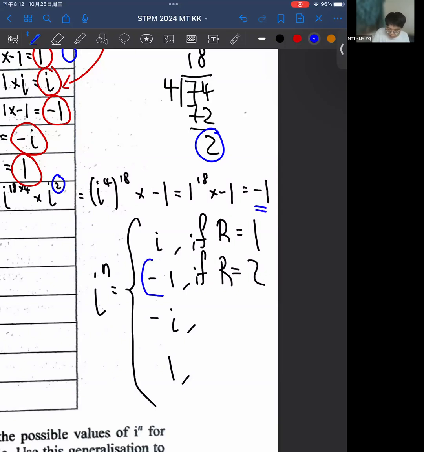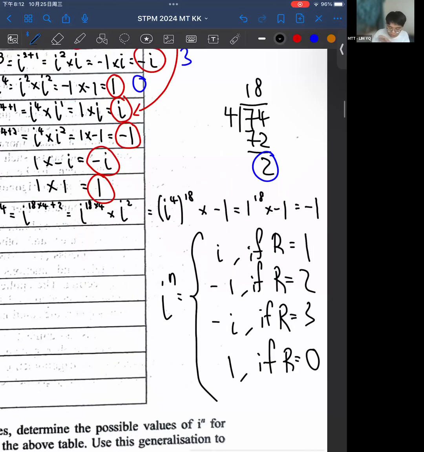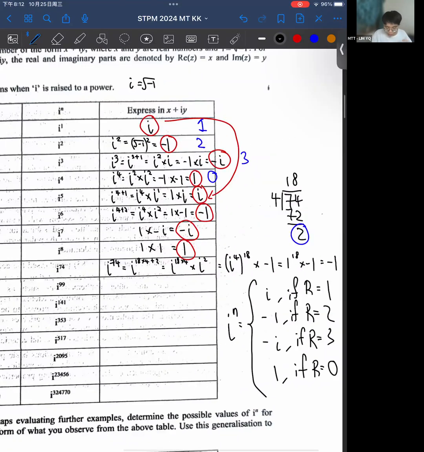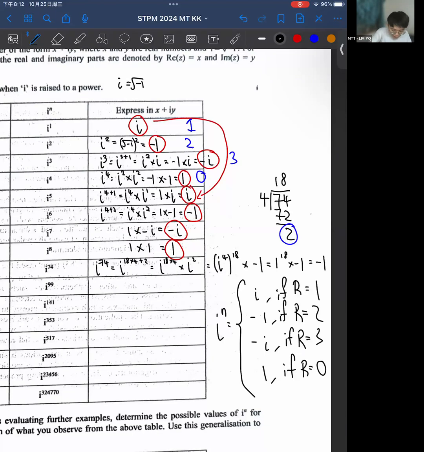So if R equal to 3, and the last one is R equal to 0, not 4, R means the remainder. Write your own solution. This is for us to understand only. If we understand, then we can do it very fast.